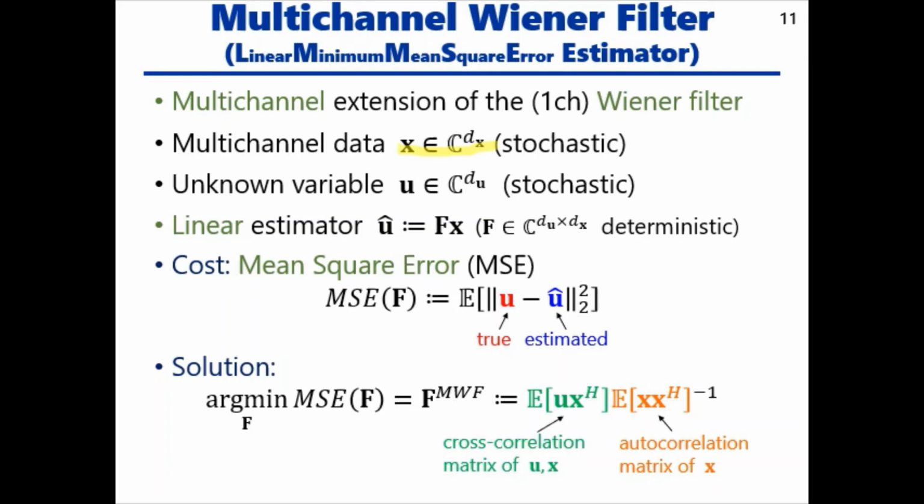Denote by U an unknown variable to be estimated, which is a complex-valued stochastic vector of dimension d_u. Now, we'd like to design an estimator of U of this form, which is a linear function of the data X. Here, coefficient matrix F is assumed to be deterministic.